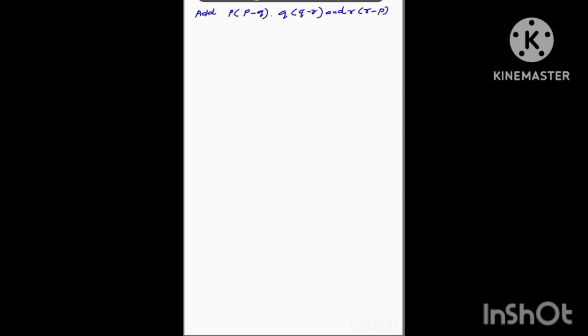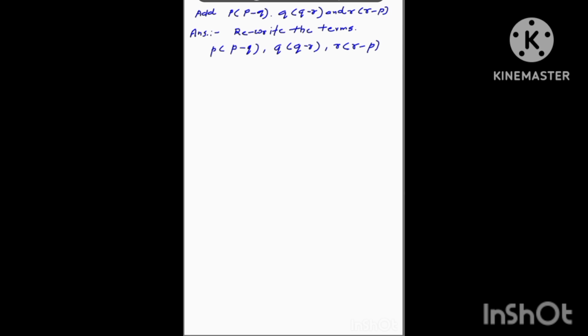Let us rewrite these polynomials, and then you have to expand them. You have to open the brackets. So let us carry out the first step of rewriting these terms or polynomials: p into p minus q, q into q minus r, and r into r minus p.